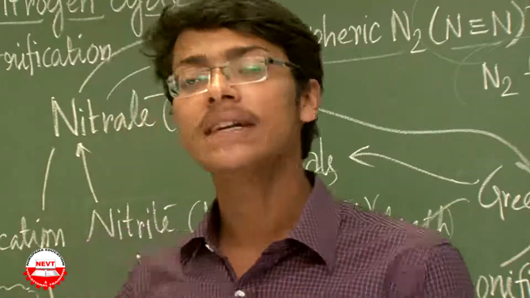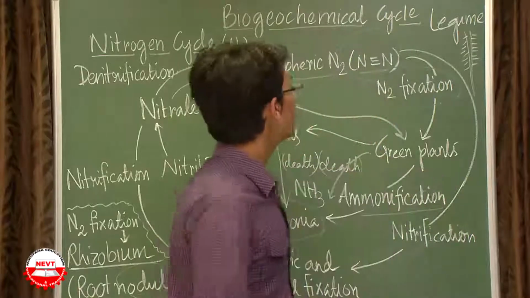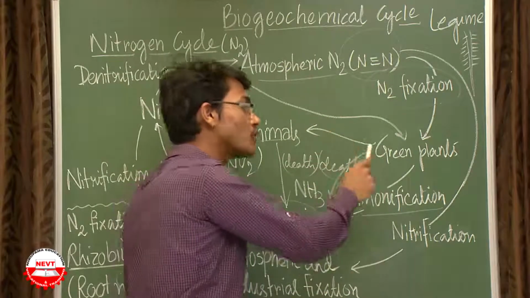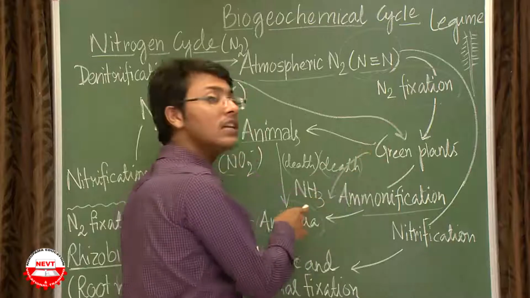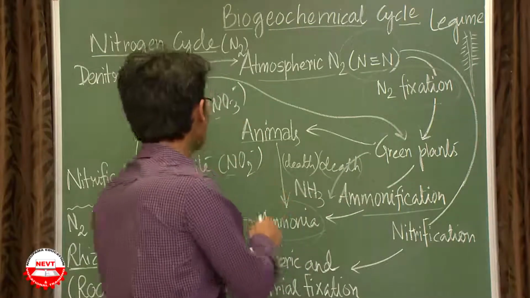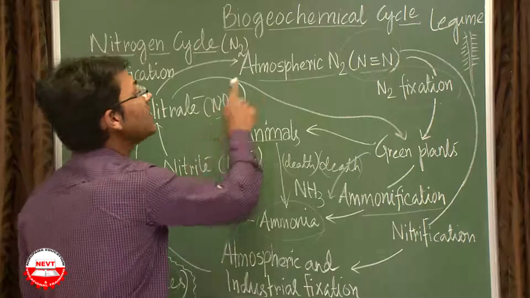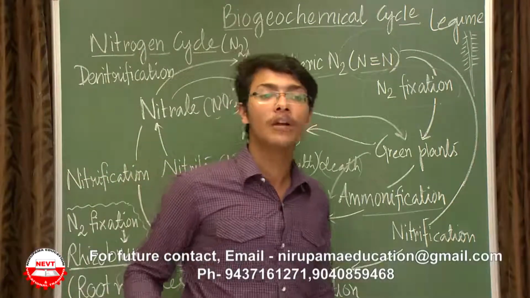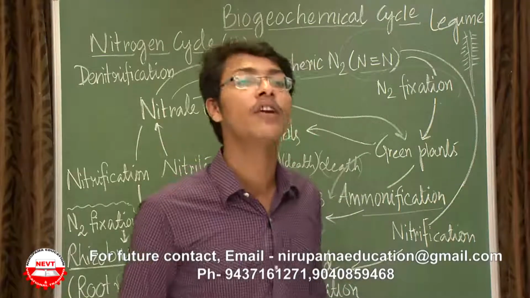So this forms a cycle. What we have got is atmospheric nitrogen, after being fixed, goes to the green plants. Ammonification leads to the formation of ammonia. Then we have the nitrite, nitrate, and again back to the green plants. You can definitely expect one question from this nitrogen cycle in your exam.